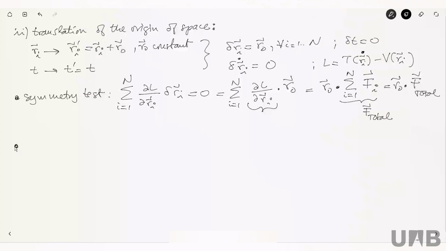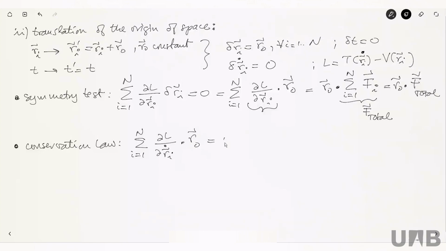Yes. So now the conservation law. What does the conservation law say? What does Noether's theorem say? So this is the sum from i equals 1 up to N, derivative of L with respect to R dot i, times delta R, which is R0 in this case, and everything else vanishes.